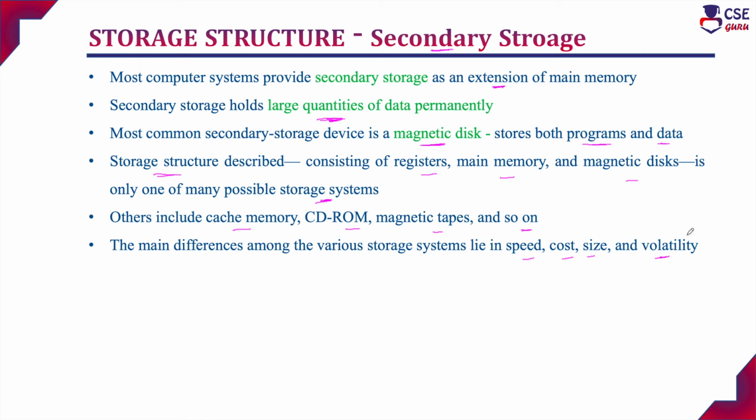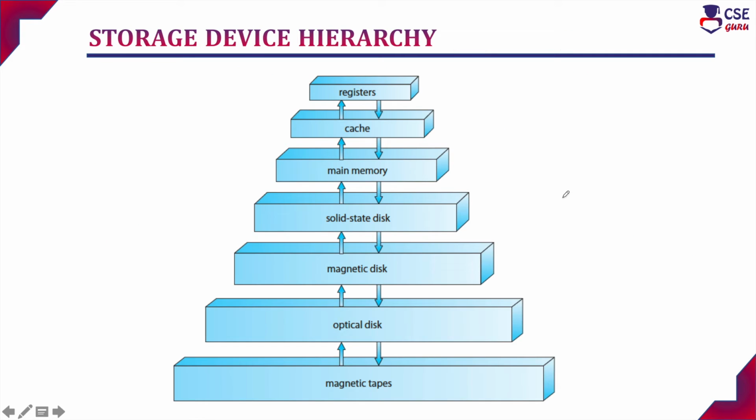Based on that, we have different categories of storage devices. This is the hierarchy of storage devices. At the top are registers, then cache memory, then main memory, then solid state disk, and then magnetic disk, optical disk, and then comes the magnetic tape.